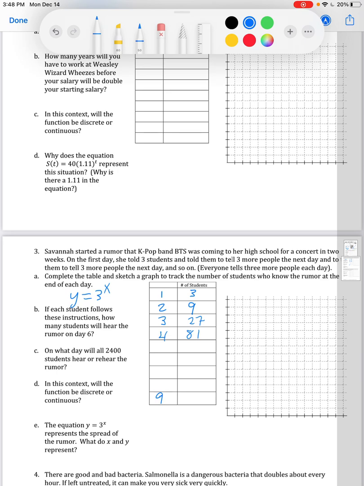In fact, 3 to the 9th power is going to be, I'm currently doing the math on that as we speak, that's 19,683.